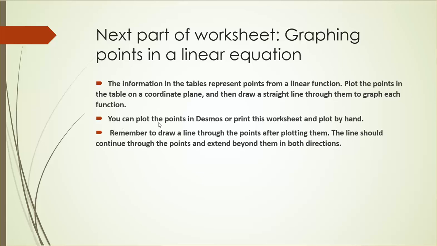You have 2 options. You can plot them in Desmos and add links to your graphs, or you can print the worksheet and then plot by hand. There's really a third option too, and that is to use the drawing tools in Word to do that. But that would be the same basically as drawing by hand. Remember to draw a line through the points after plotting them.